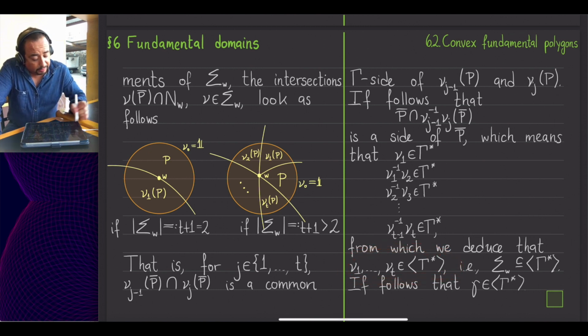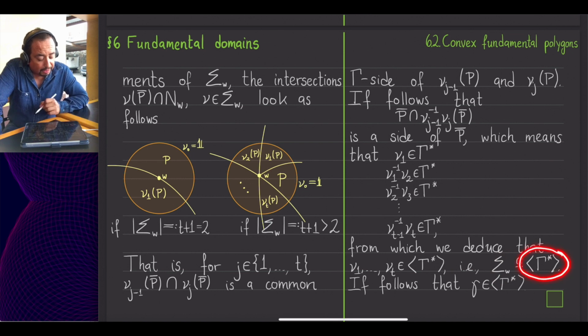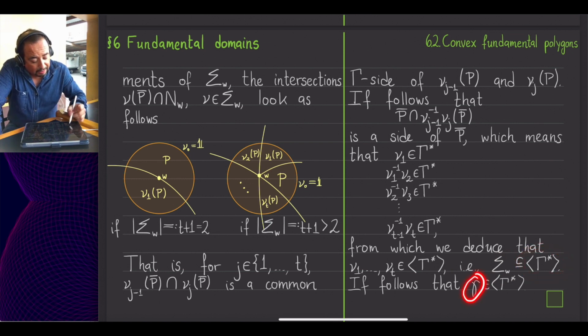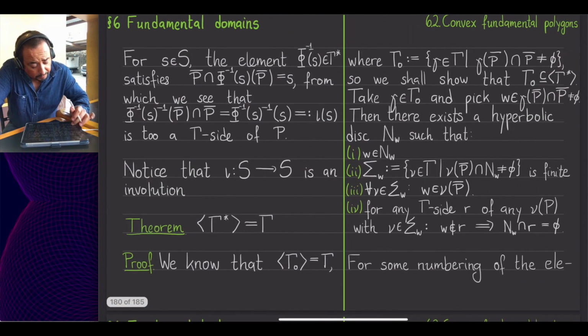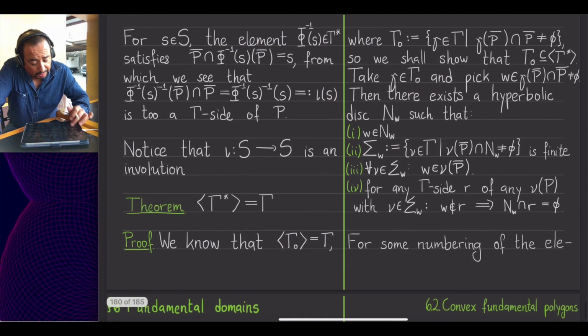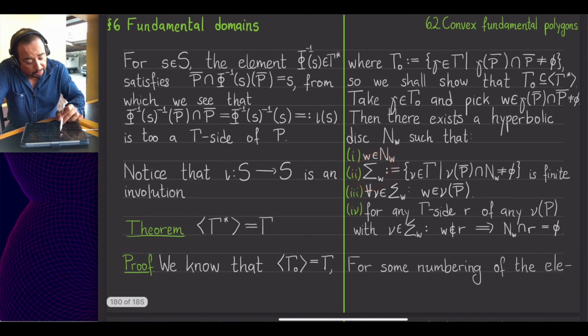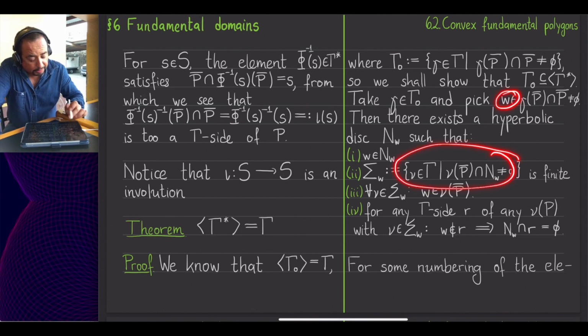And so what I have shown is that the set sigma W is in the subgroup generated by gamma star. But gamma is an element of sigma W, because of the way I took W, it must have this property.